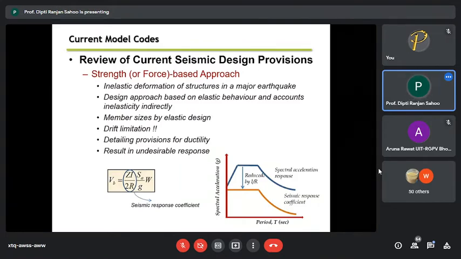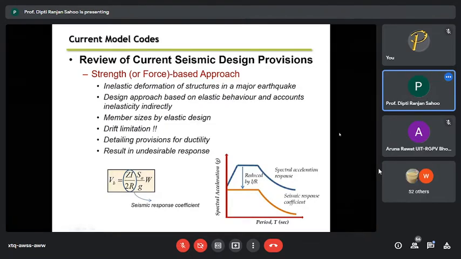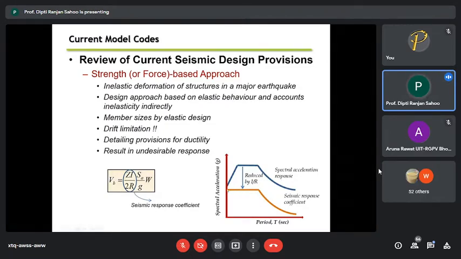If you just summarize the current code procedure, it simply calculates the design base shear and divides by a factor called R. In a sense, let's say this is my design spectrum, you multiply Z, Sa, whatever it is. What essentially you are doing is reducing by R by I, right? And then you are getting a response, and based on this response curve, you are designing.